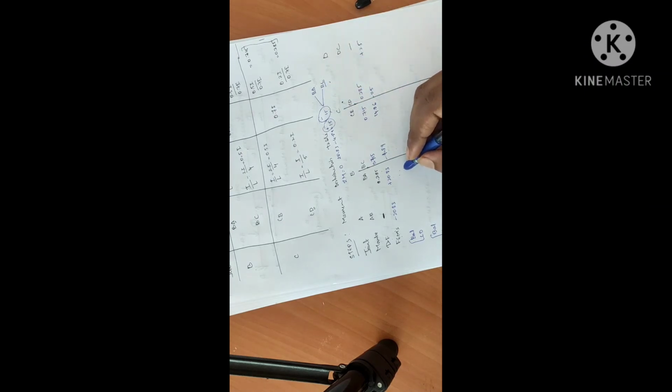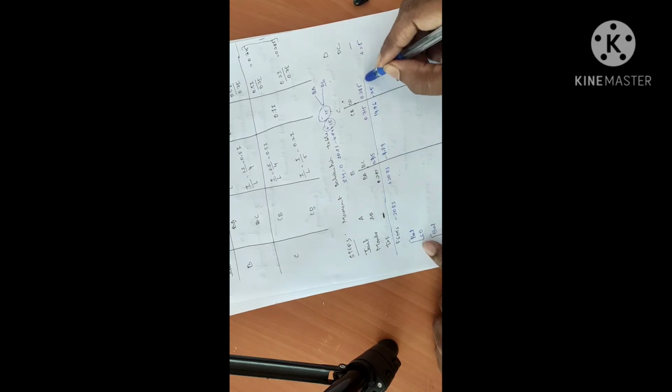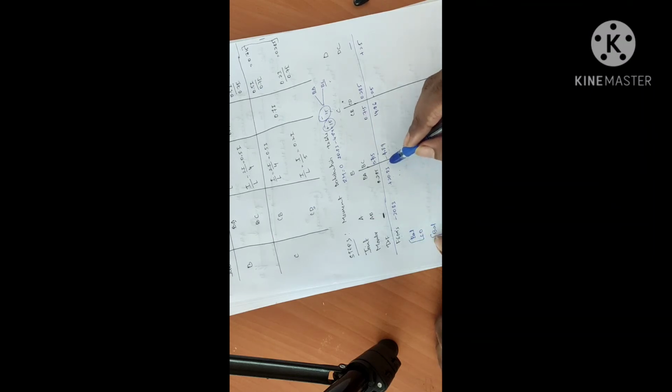So multiply this 15 with 0.285, and you will get minus 4.61.